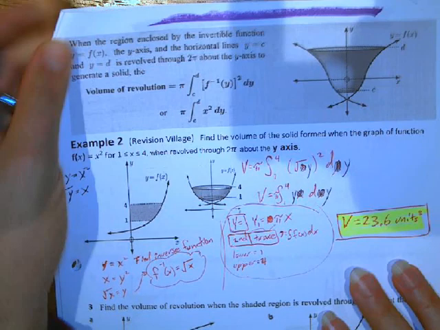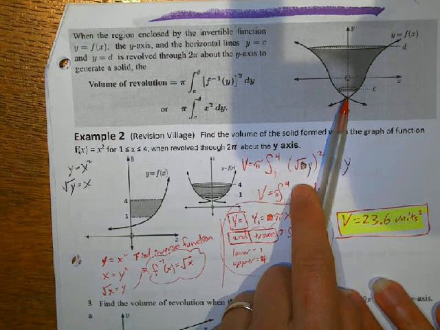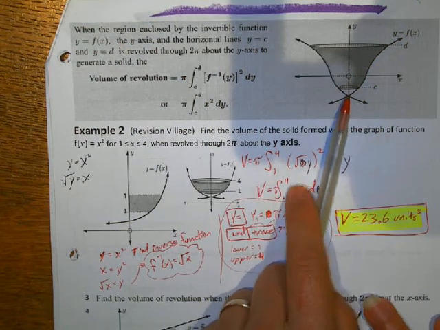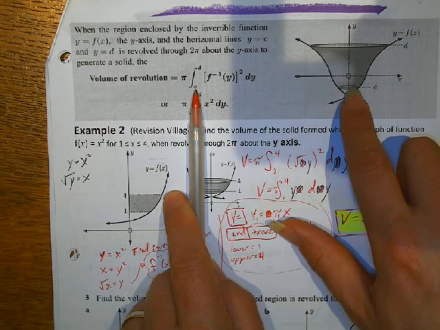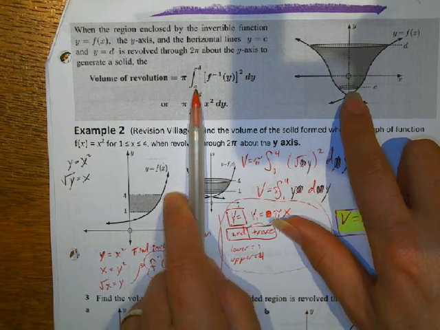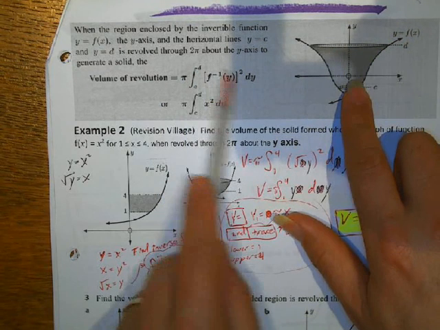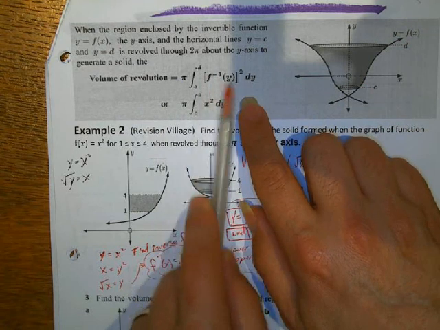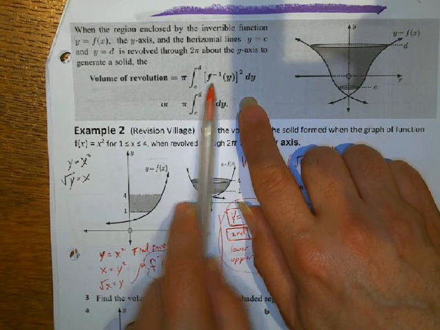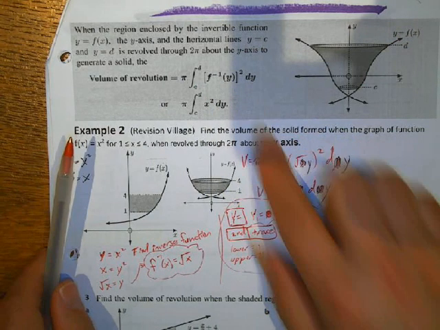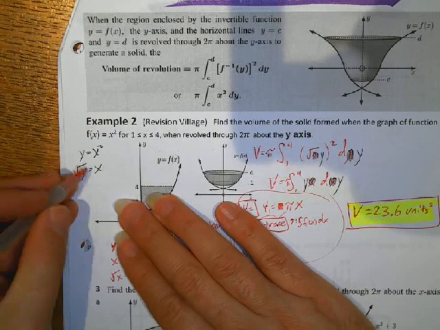Now, we can also revolve it around the y-axis as well. And if we revolve it around the y-axis, the lower bound here is along the lowest part, and then the upper bound here is this higher part along the y-axis. And our function here is going to be the inverse. So basically, we solve for x instead of solving for y.